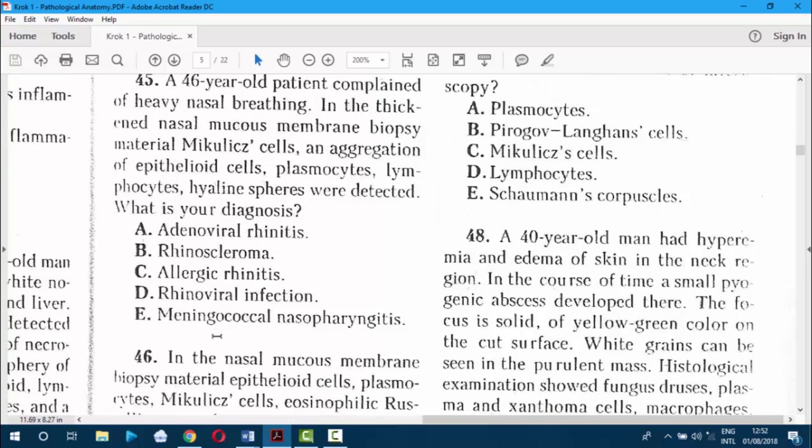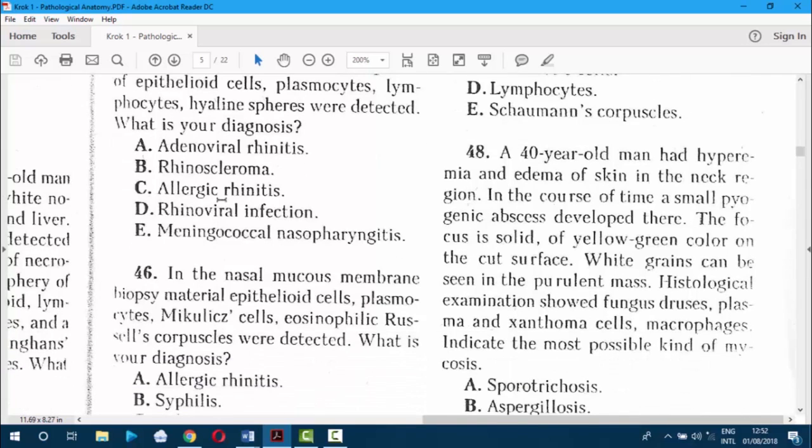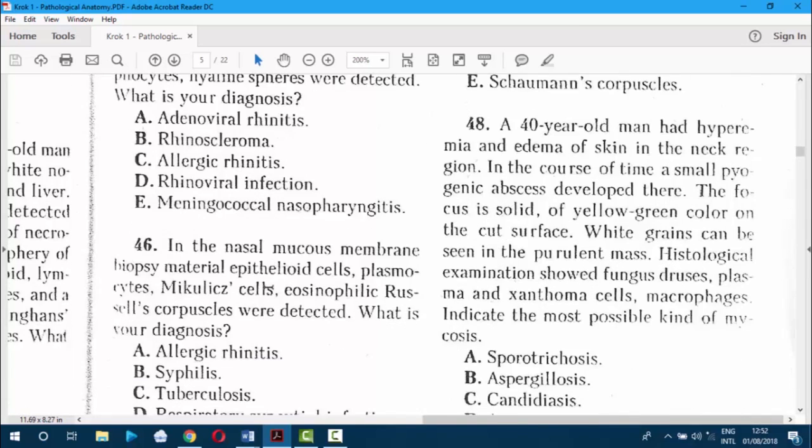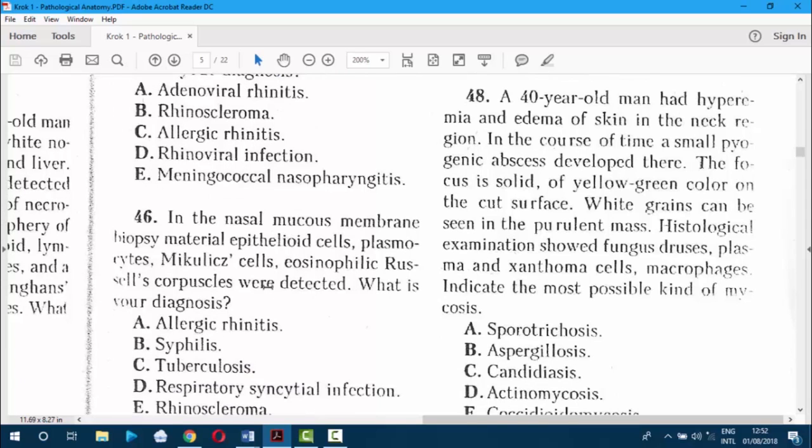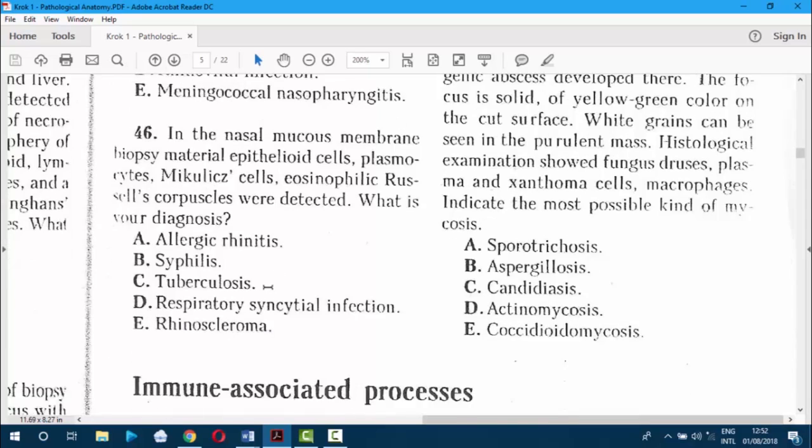Rhinoscleroma, for those who care to know, is just a chronic granulomatous condition of the nose and other structures of the upper respiratory tract. The rest, you can just Google it yourself, or you go through the material and you see explanation to almost all of them. 46. In the nasal mucous membrane, biopsy material, epithelial cells, plasmocytes, nucleus cells. Come on, it's the same thing. So your answer is E.